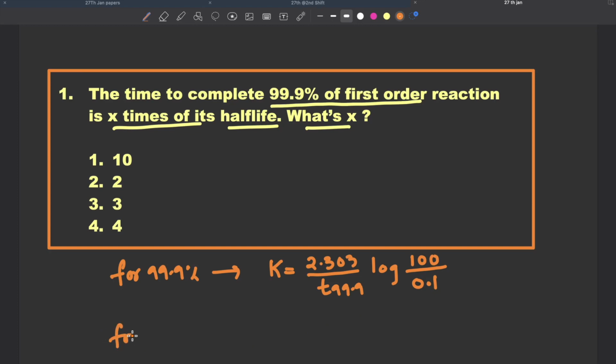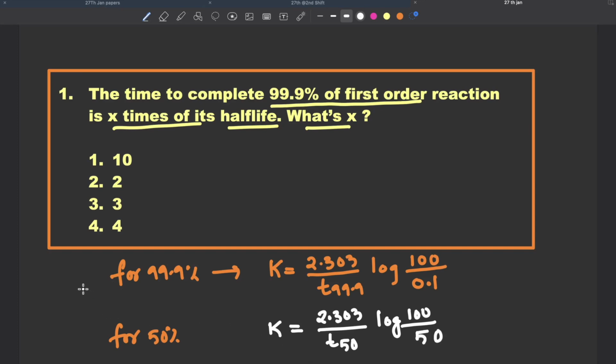For 50%, k equals 2.303 divided by T50, multiplied by log 100 over 50.